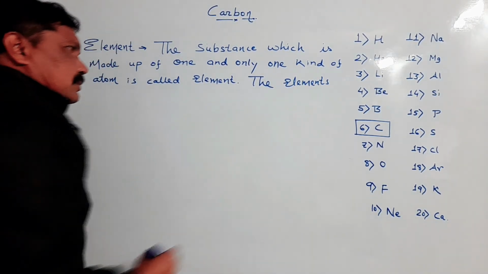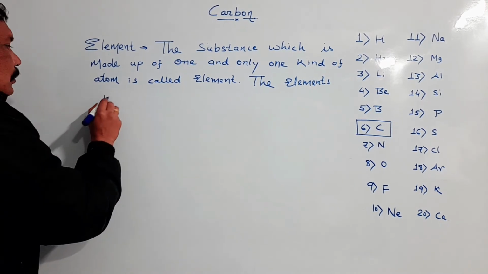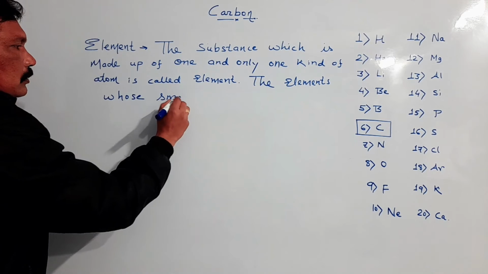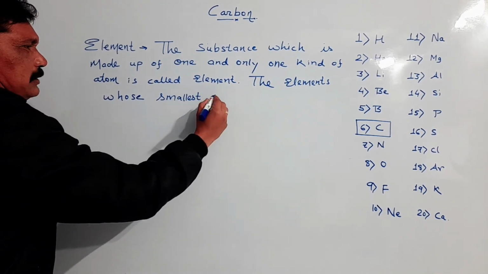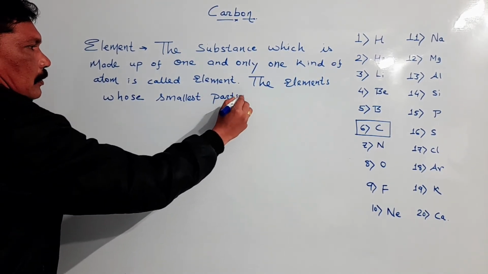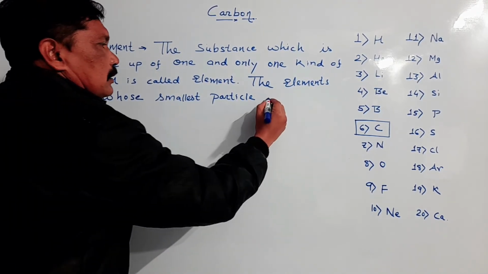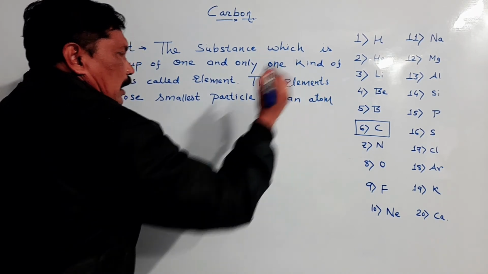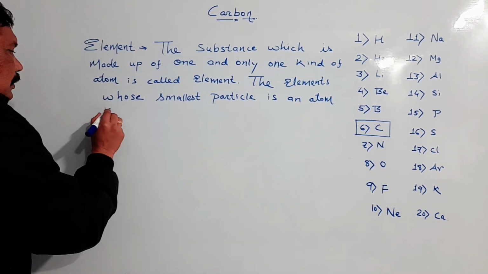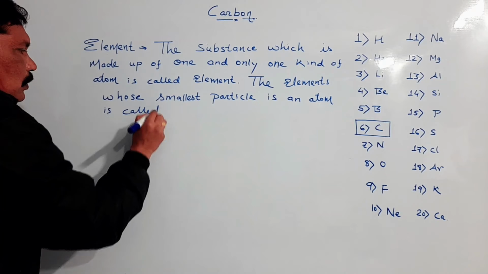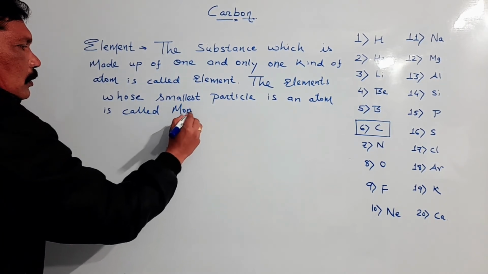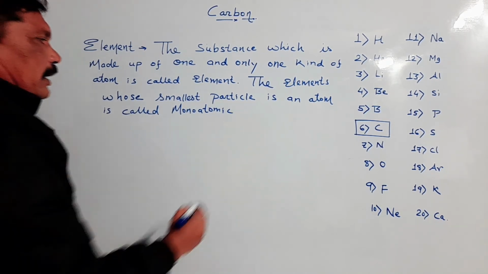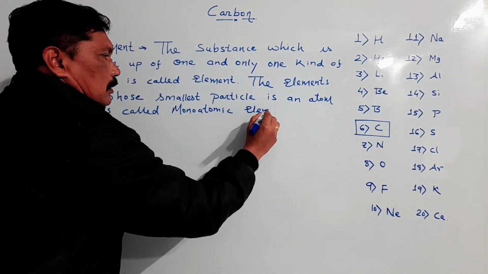The element whose smallest particle is an atom is called a monoatomic element.